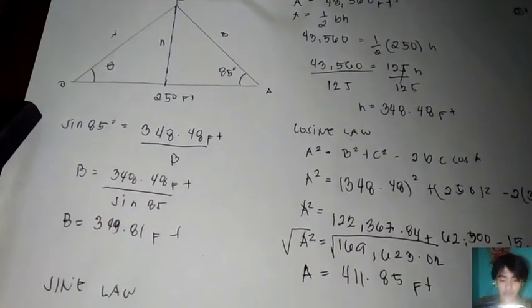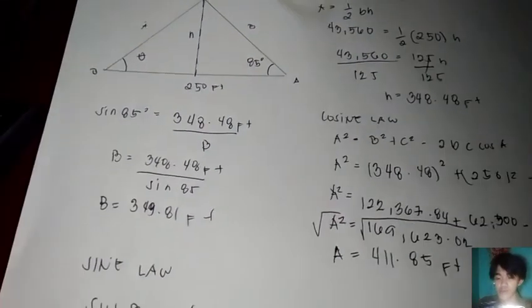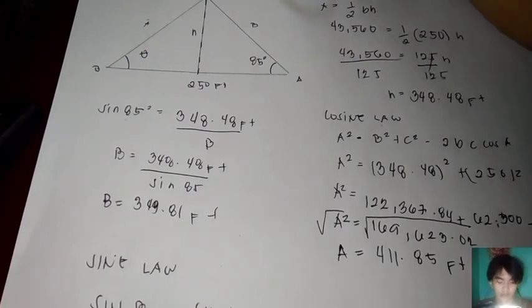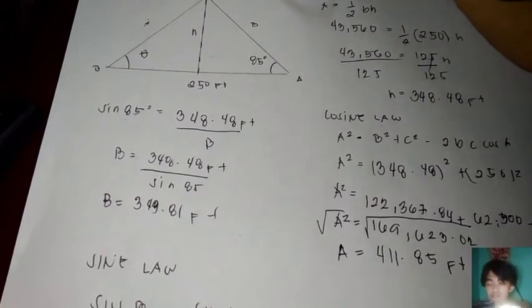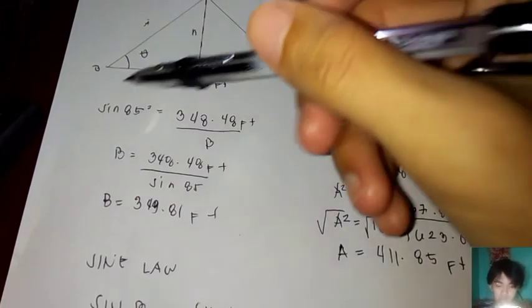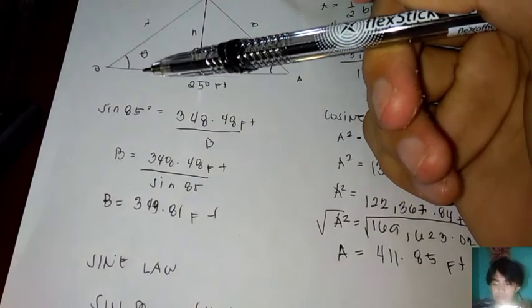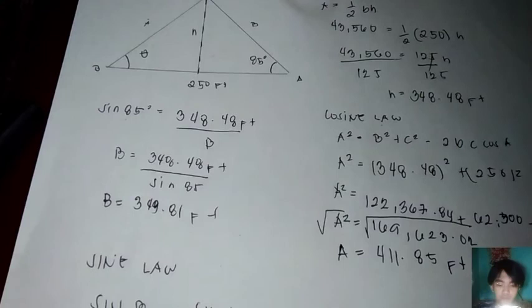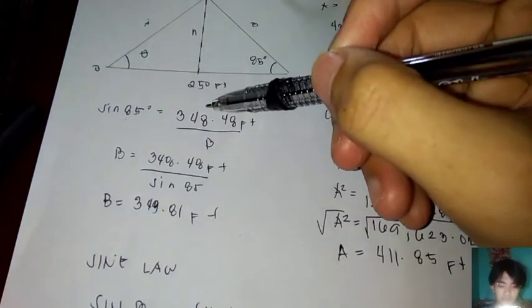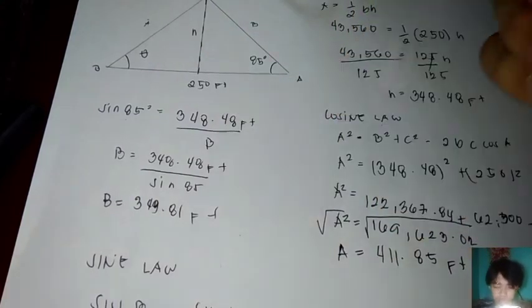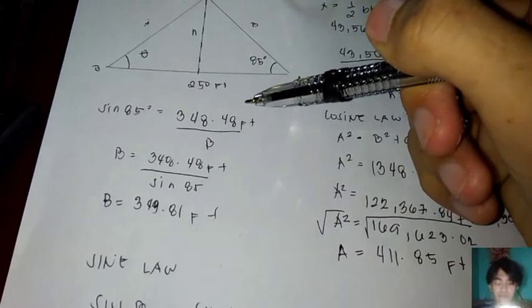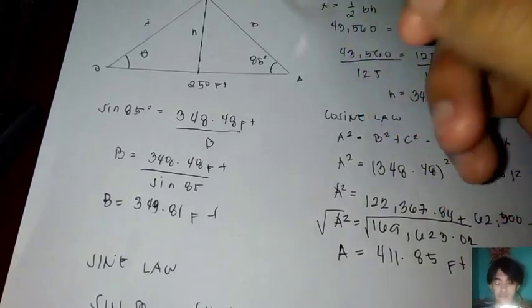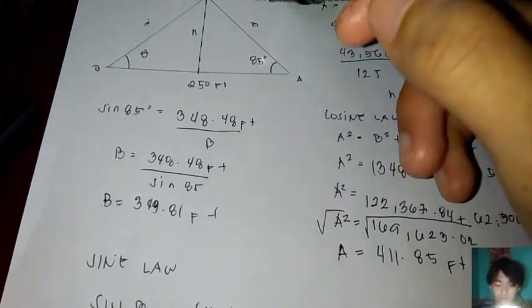After we get the height, let's move to sin. So our solution is sin 85 degrees equals height, which is 348.48 feet, over base.